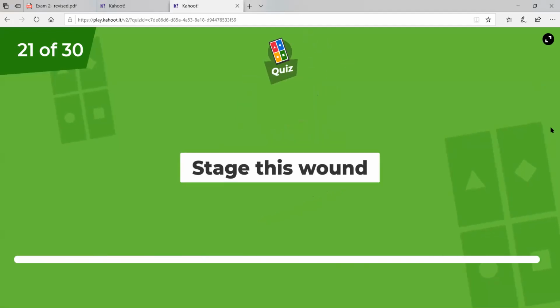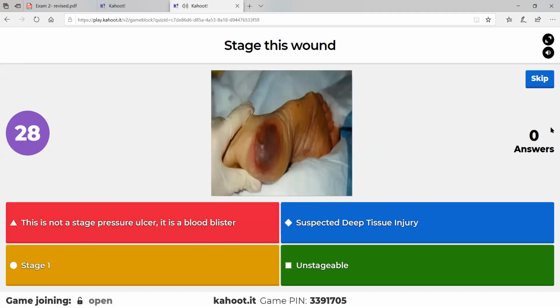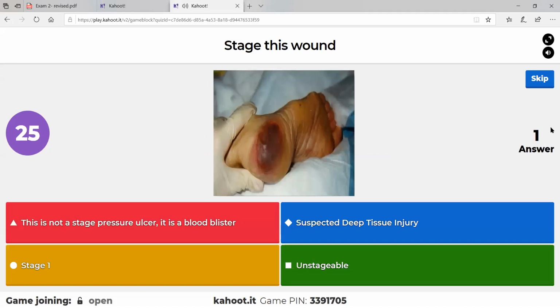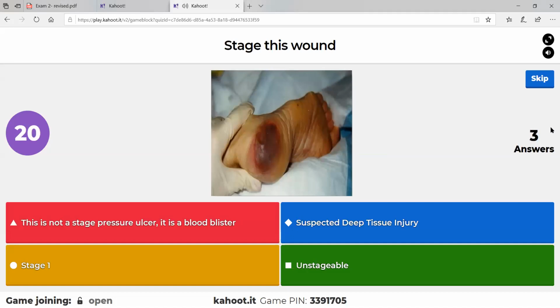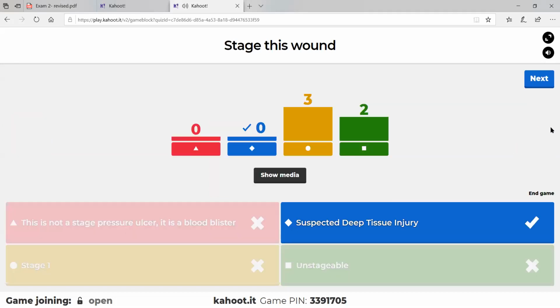You just have to look at it and say what it is. Okay, so it's a suspected deep tissue injury. So remember when we were talking about this earlier, we said it looks like a bruise. So that's what that looked like there. So that's what this is.